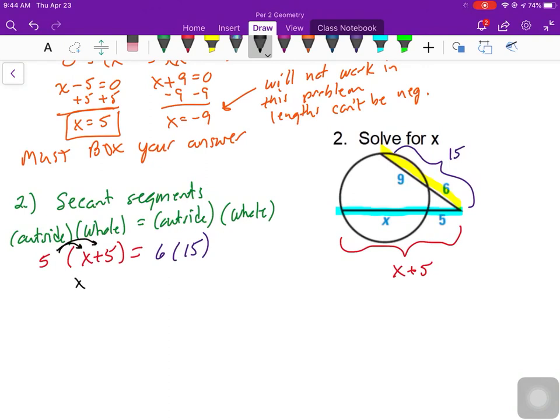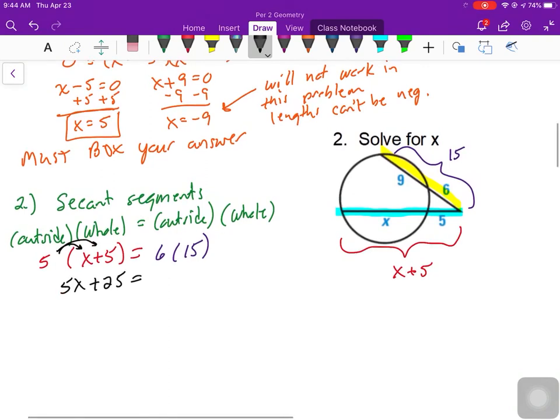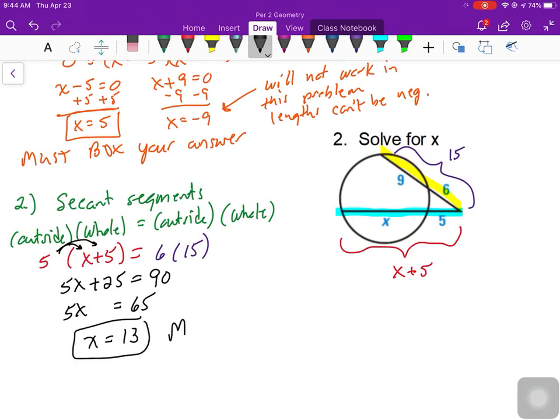Distributing the 5, we get 5x plus 25. 6 times 15 is 90. Subtract the 25 on both sides, we have 5x equals 65. Divide by 5, we end up with 13. And again, you must box your answers.